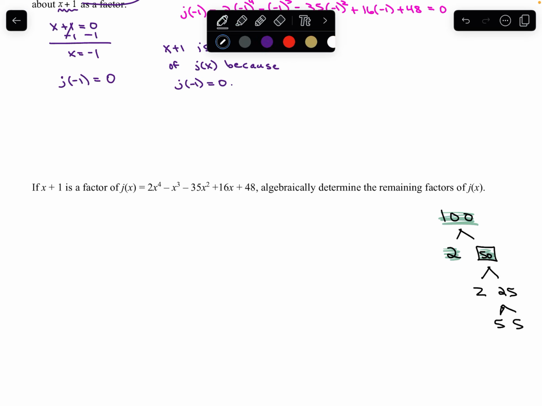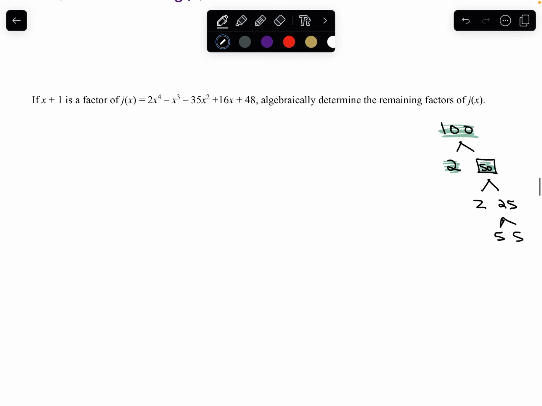Now, you have a choice here. You could either use synthetic division or you could use long division in order to algebraically determine the remaining factors. So I want you to pause the video here for a second and either use synthetic division or long division and come up with your answer.